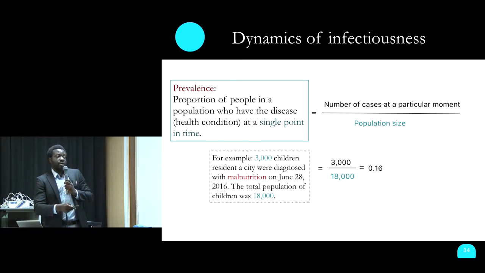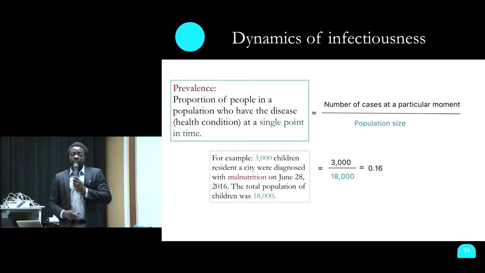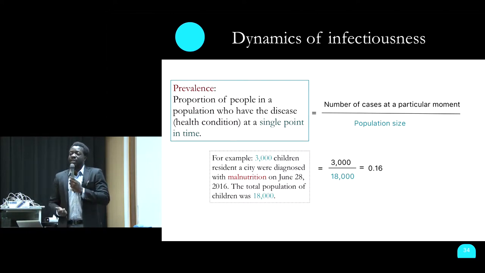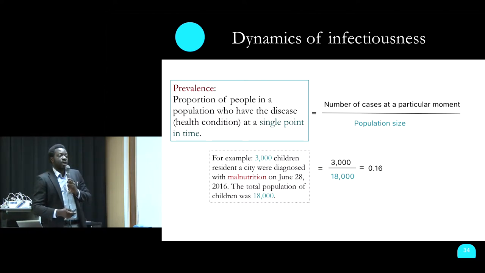For example, here on June 28th, 3,000 children, residents in a city, were diagnosed with malnutrition, and the total population is 18,000. So if we want to measure the prevalence of malnutrition on that day, it is just 3,000 divided by the population size, which is 18,000. So this is how we measure prevalence, as a way to estimate disease status.